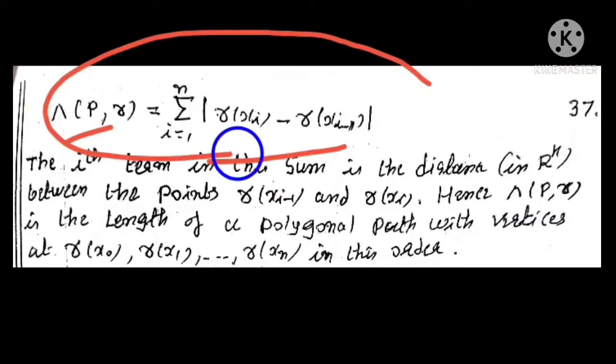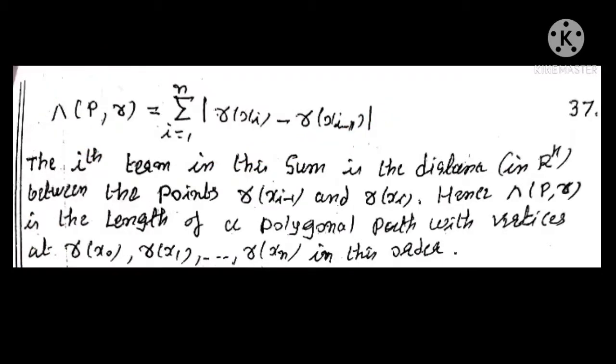Then the ith term in this sum is the distance in R^k between the points this and this. Hence, this is the length of a polygonal path with vertices at this in this order.